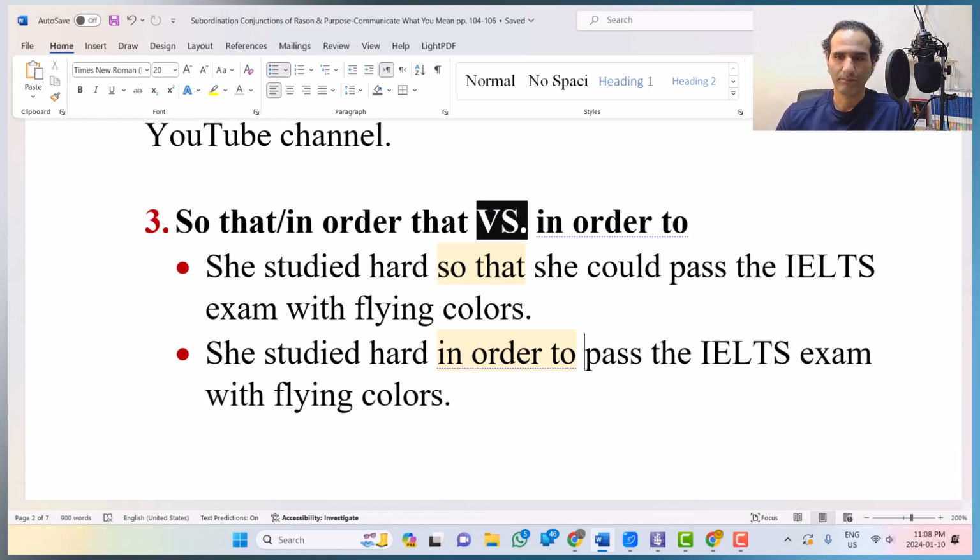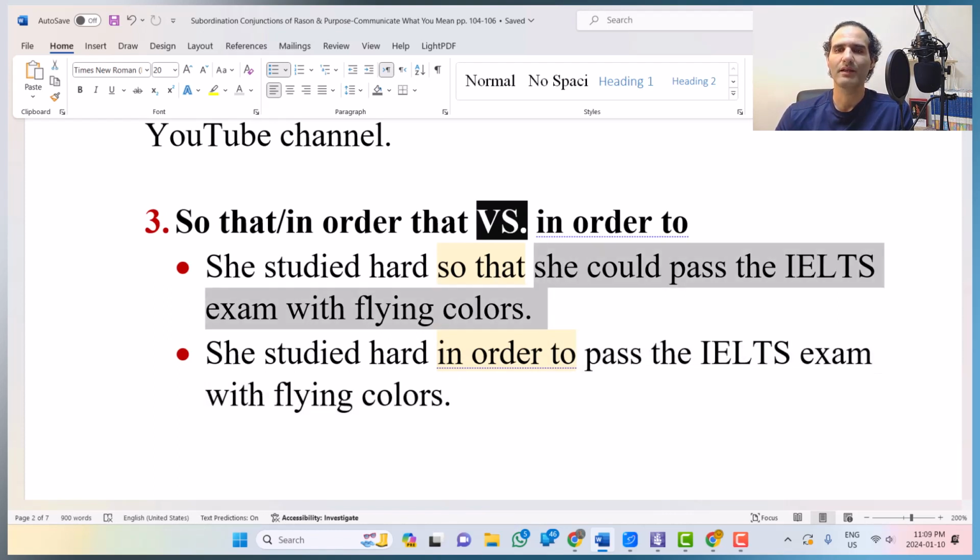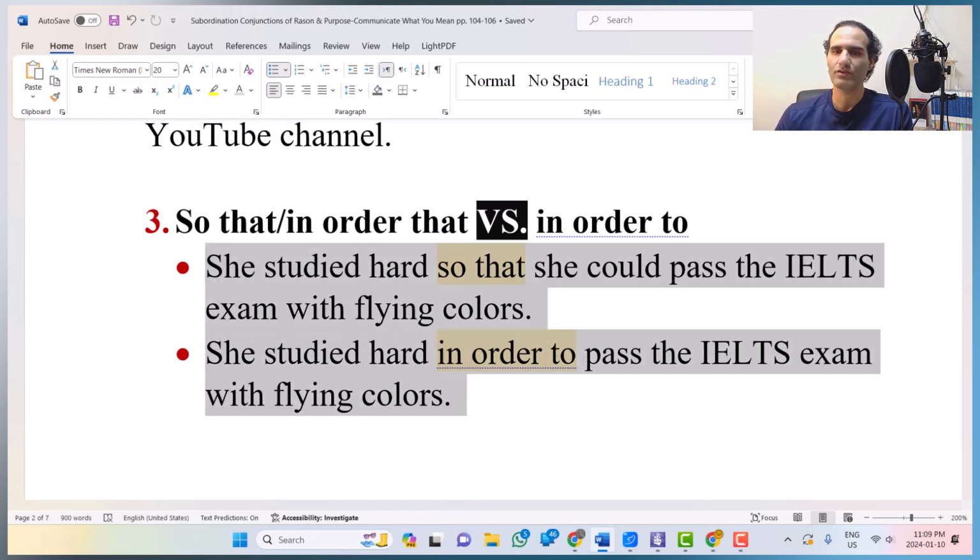Verb phrase: pass the IELTS exam with flying colors. It is the combination of two or more words, but it is not the combination of a subject and verb. That's why we call it a phrase. So following in order to, we need a verb phrase. Following so that, we need an independent clause. Any difference in the meaning between these two? No difference.